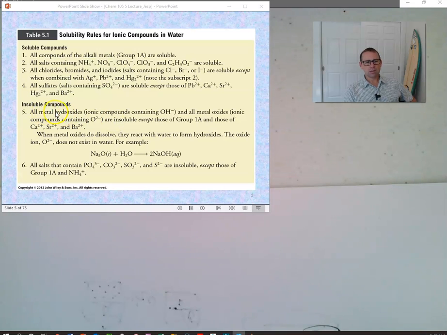So all metals that have hydroxides or metals that have oxides are insoluble except, and see how some of these rules have excepts in them, except those of group 1A and those of calcium, strontium, and barium. All right. So these rules are kind of interesting, kind of complex, and so we want to, like the polyatomic ion chart, use this chart over and over and over anytime we have a question about solubility. And as we do that, then gradually we'll begin to learn the rules. Okay?